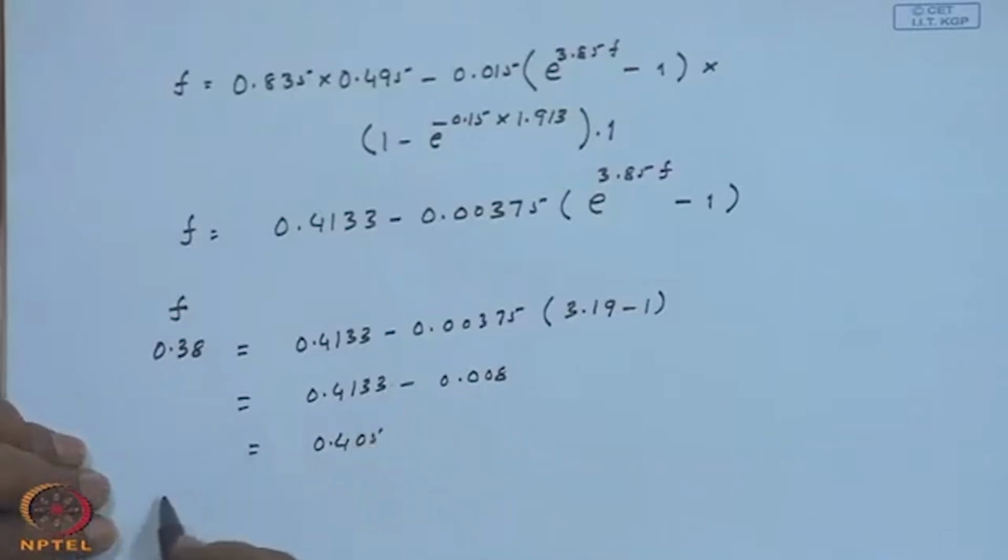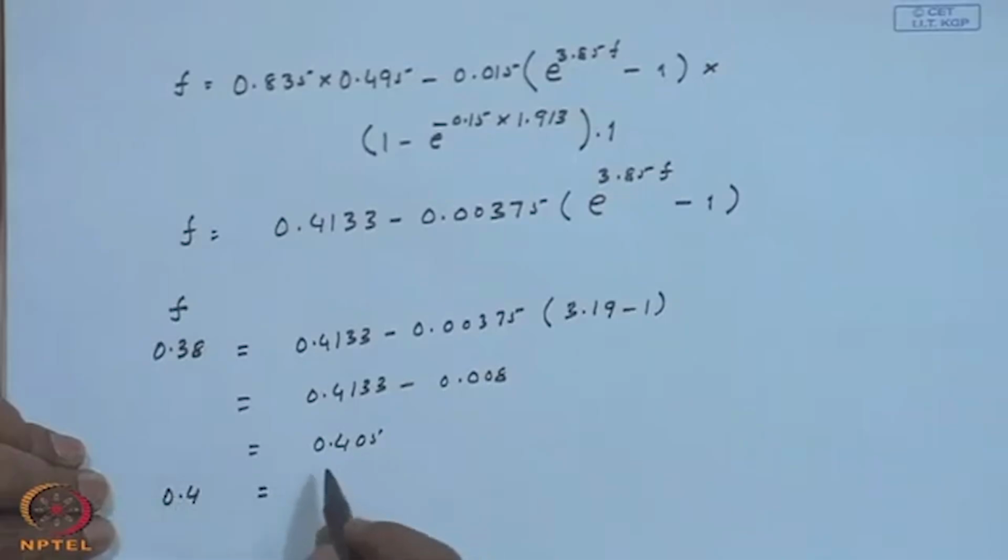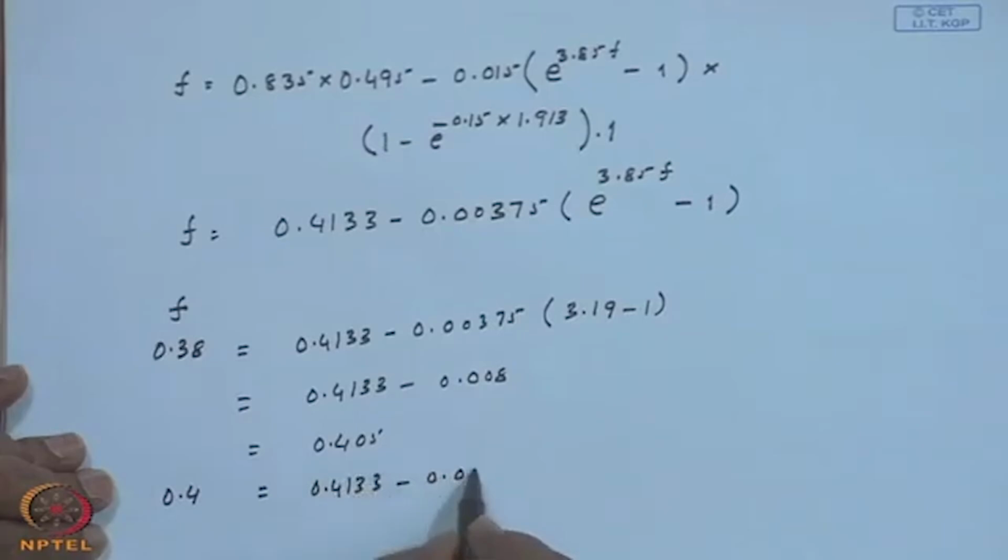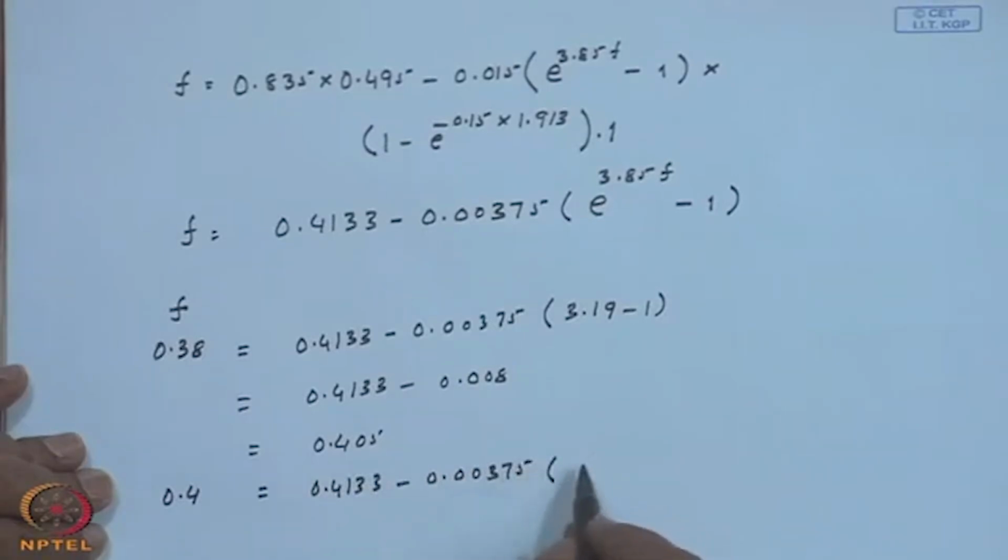So, the next guess will be 0.4, that will give me phi bar max by 0.495, that is 0.4133 minus 0.00375 times, this is 3.66 minus 1, which is 0.4133 minus 0.0137.